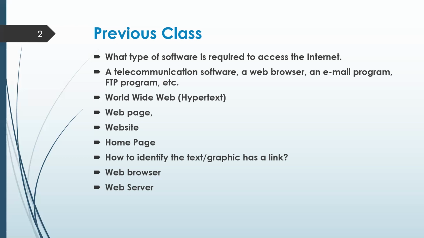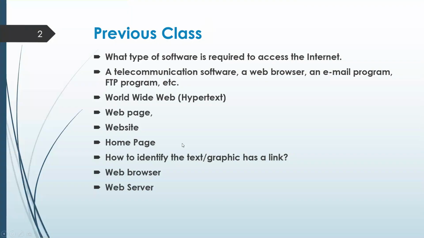We also completed how we can identify that text and graphics have a link. Web browser and web server we have completed. These topics we have already completed in the previous class.